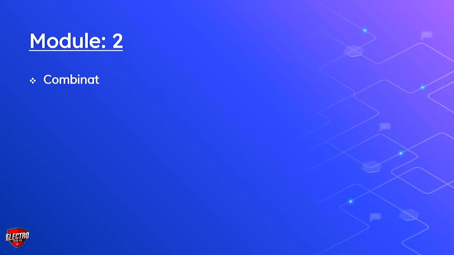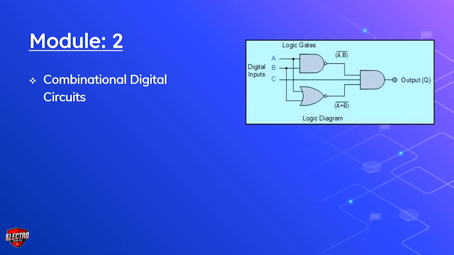Combinational logic circuits are memory-less digital logic circuits whose output at any instant in time depends only on the combination of its inputs. Its outputs depend on the present input.